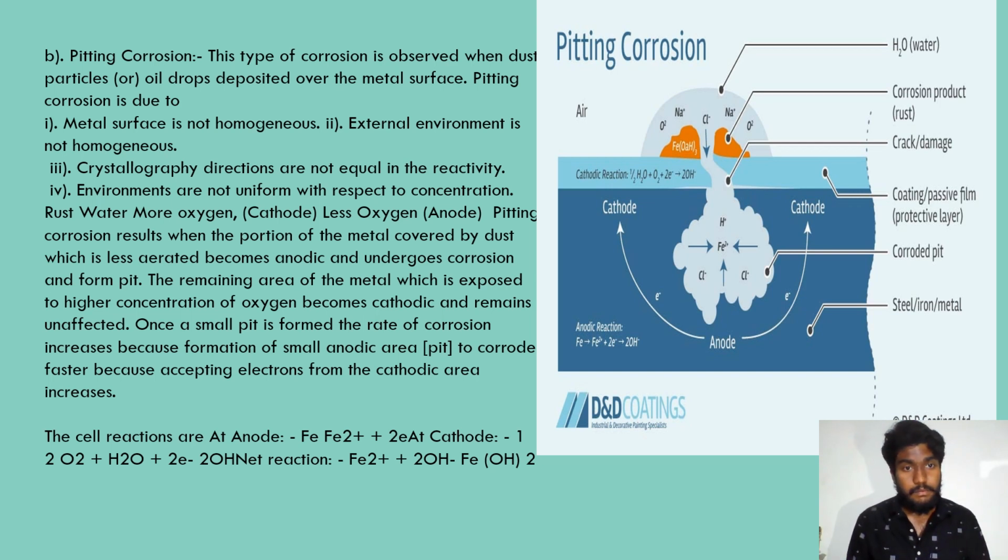Rust, water, more oxygen: cathode; less oxygen: anode. Pitting corrosion results when the portion of the metal covered by dust, which is less aerated, becomes anodic and undergoes corrosion, forming a pit. The remaining area of the metal, exposed to a higher concentration of oxygen, becomes cathodic and remains unaffected.